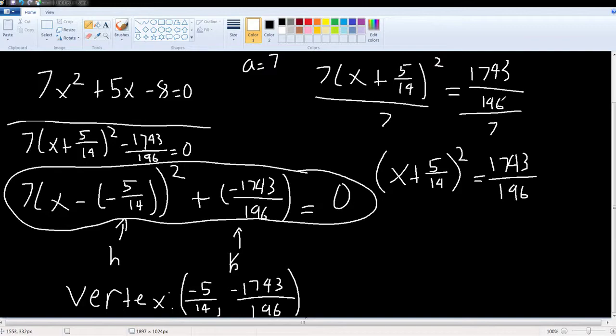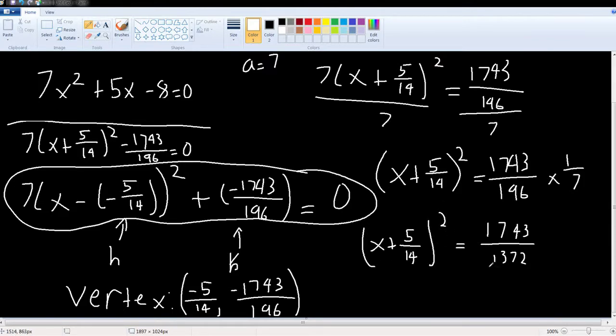So this fraction, 1743 divided by 196 divided by 7, is the same thing as multiplied by 1 over 7, so 196 multiplied by 7 is 1372.